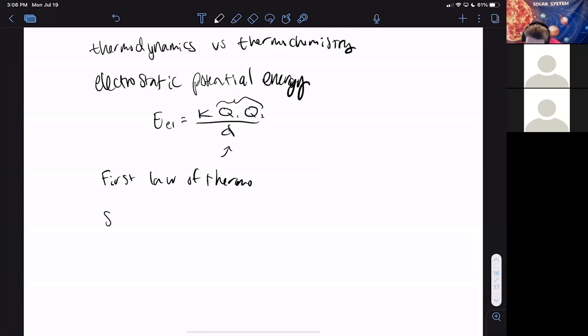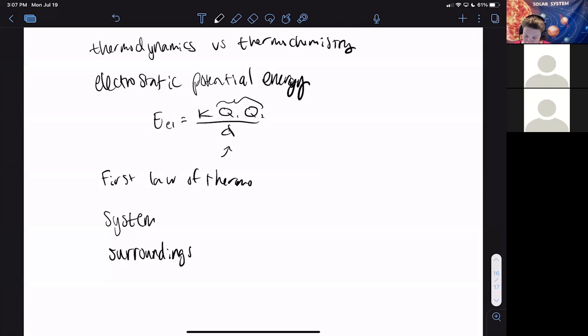You should know what the system and the surroundings are. Our system is what we are observing. The surroundings are really everything else, but we usually think about the surroundings as things in close contact with the system.